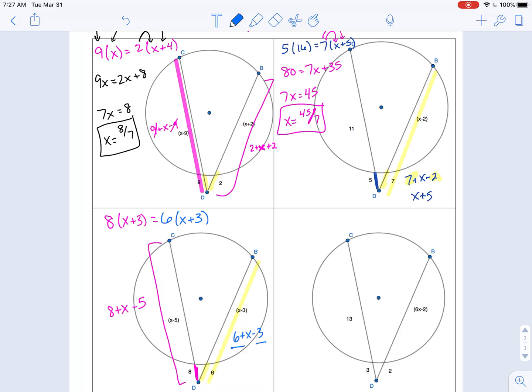If I combine these terms, then I get, after I distribute, 8x plus 24 equals 6x plus 18.